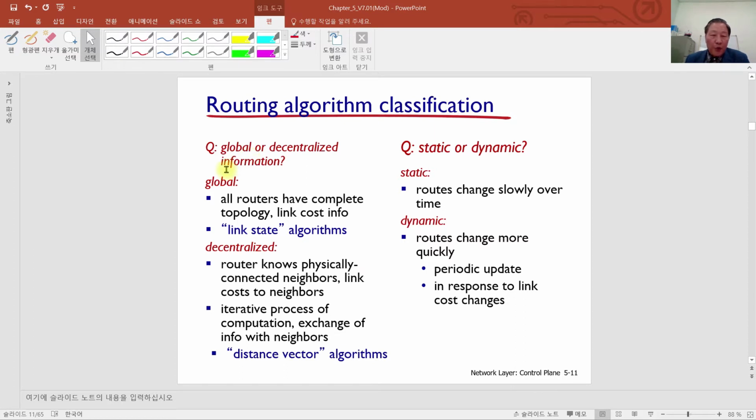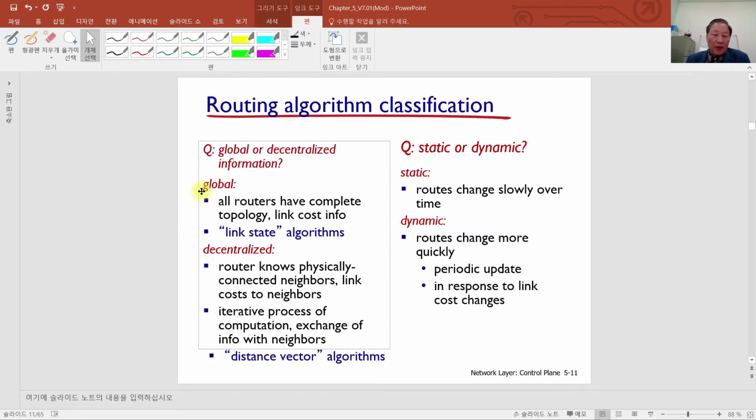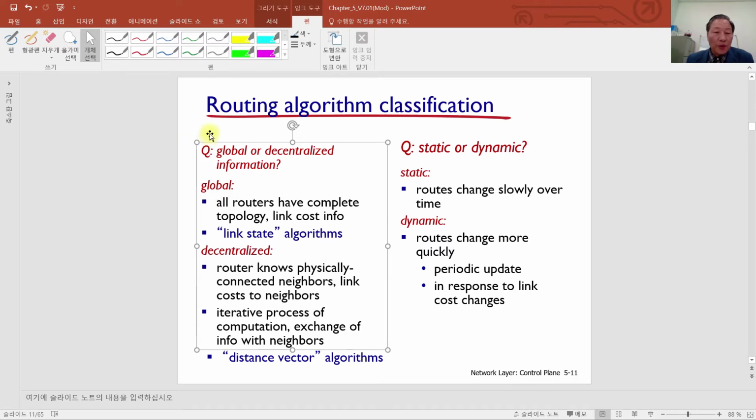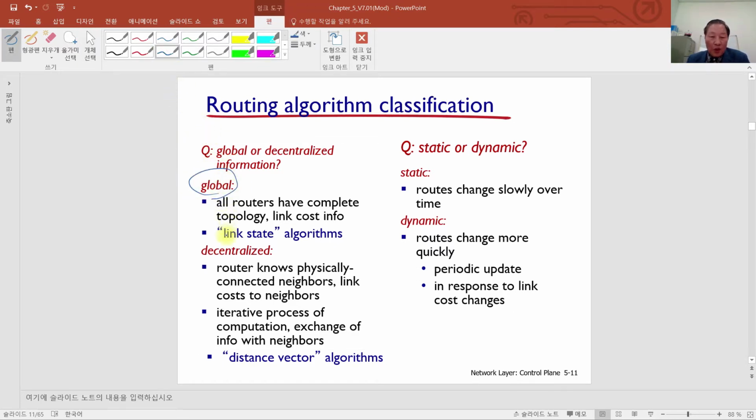If our viewpoint is about global or decentralized, centralized or decentralized, our main viewpoint is about that, then we can categorize into two groups like this: global algorithm or decentralized algorithm. Simply, we can divide into these two categories.